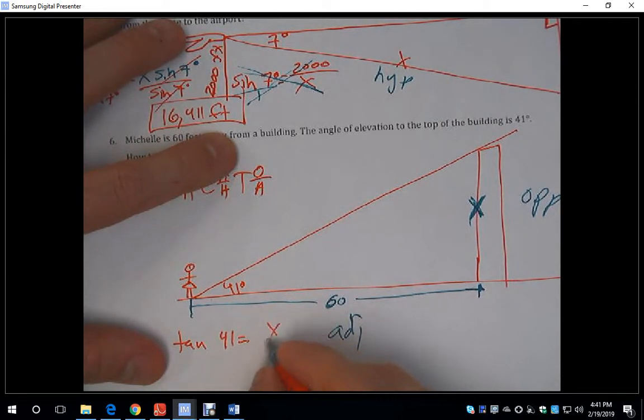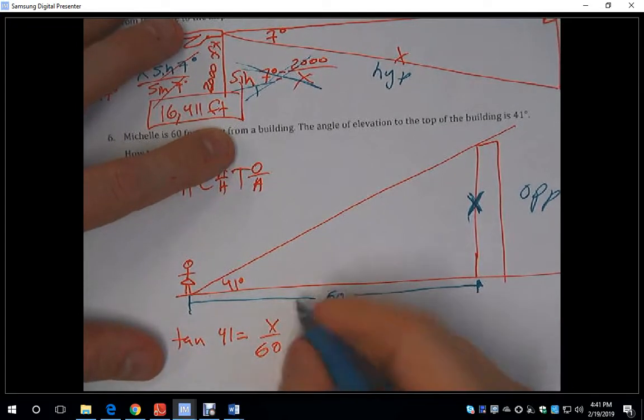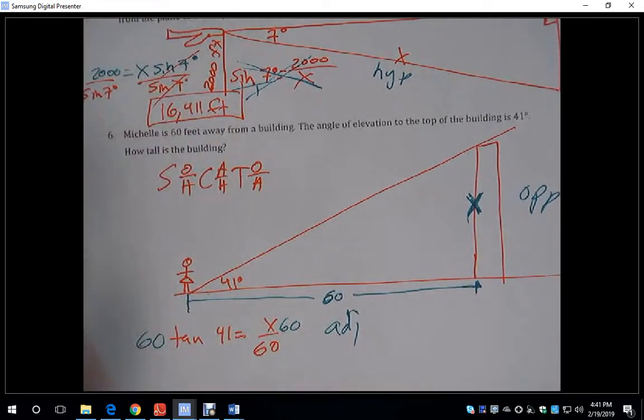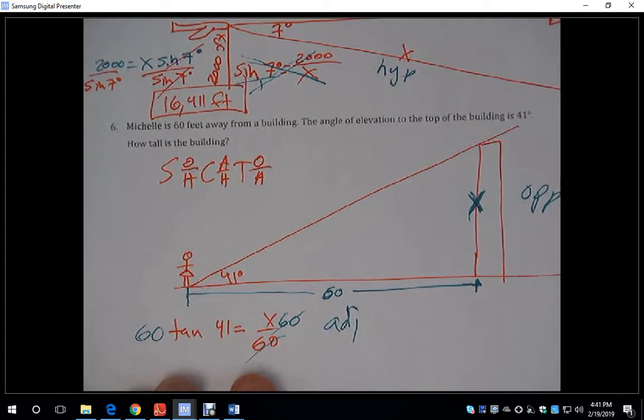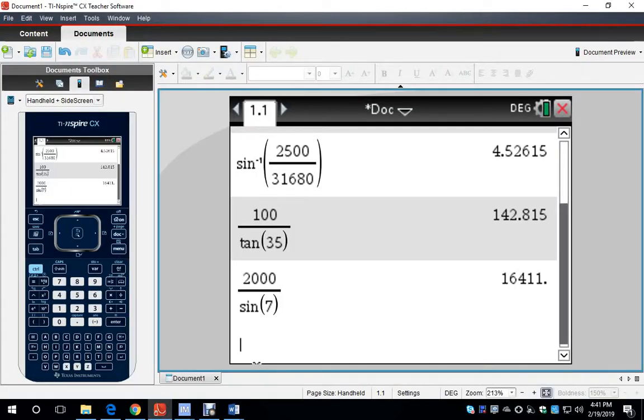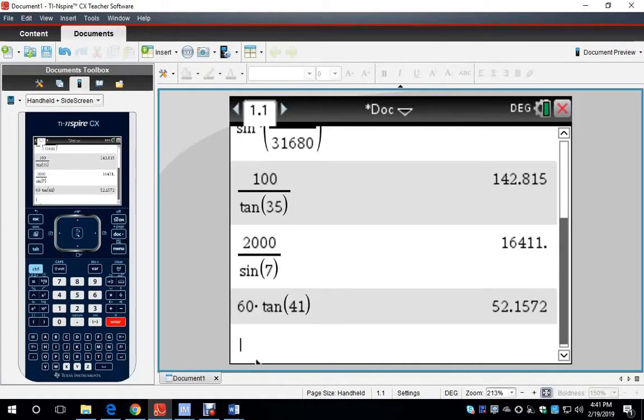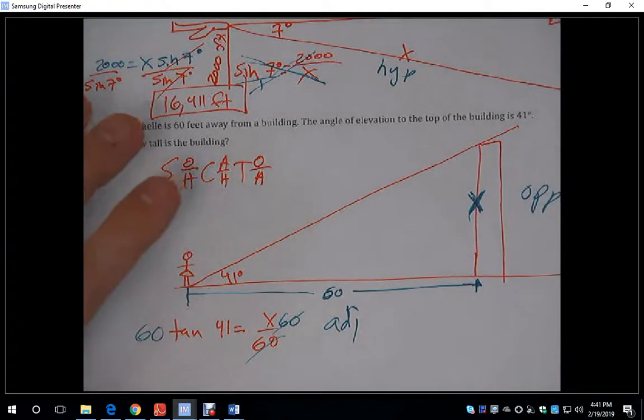So that would be x over 60. I'm going to multiply both sides by 60. Because 60 divided by 60 is 1, x is now by itself on the right-hand side. We're going to throw this into my calculator: 60 times tan of 41 gives me 52.2. So 52.2 feet. It's not a really tall building.